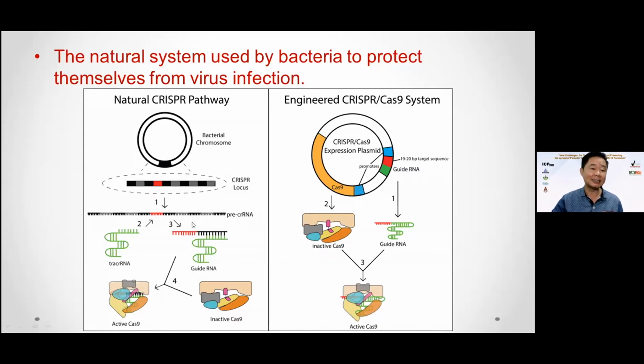And scientists found this normal mechanism can be used as an engineered CRISPR-Cas9: we can produce a guide RNA and target any gene that you want to mutate. So what we are doing is the same system. We need to construct a plasmid that expresses CRISPR-Cas9 and insert the target of your gene of interest.